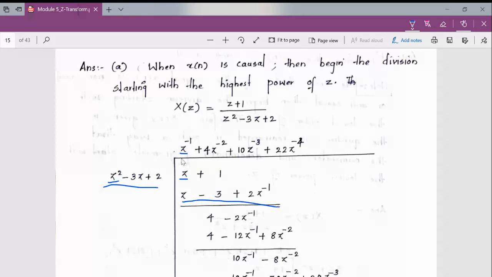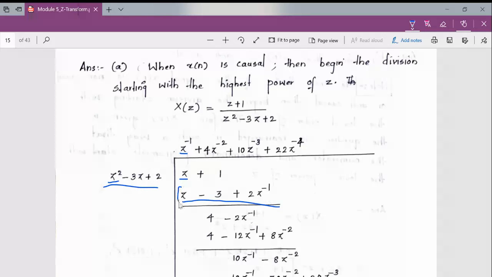First, z raised to minus 1 times z square. What is the answer? It is z. Then the next term is minus 3z into z raised to minus 1, which means minus 3. Then the next term is 2 into z raised to minus 1.